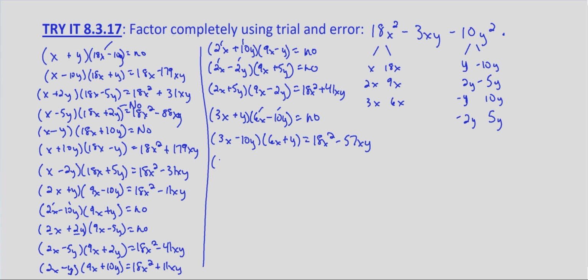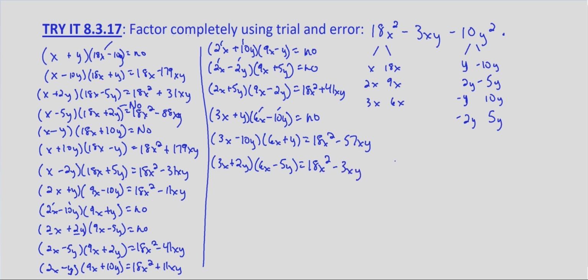So we'll switch to the next row. 3x plus 2y times 6x minus 5y. No common factors, so we can multiply through. 18x squared minus 15xy plus 12xy is going to be minus 3xy.